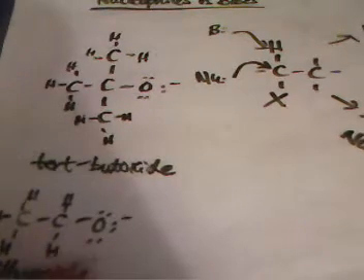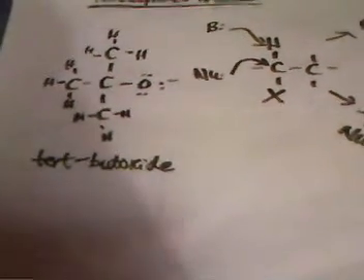And at this point, I want to give you a list of bases that favor elimination over substitution, or the bases to choose when we want elimination to be the main reaction, or we want the elimination product to be the main product.